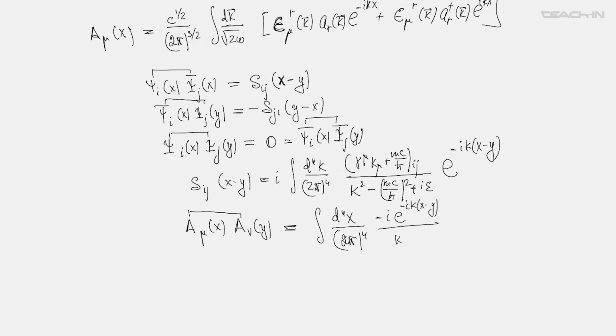Here you have eta_mu nu minus (lambda minus 1) divided by lambda, k_mu k_nu divided by k squared plus i epsilon. And we have discussed that we can use various gauges by fixing lambda. For instance, we can use the Feynman gauge, where lambda is equal to 1, and then the term with k_mu k_nu is absent, so you get just a propagator proportional to eta_mu nu. Or you can use the Landau gauge, where lambda is sent to infinity.